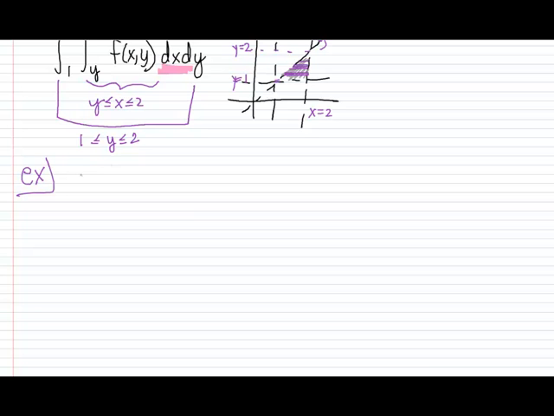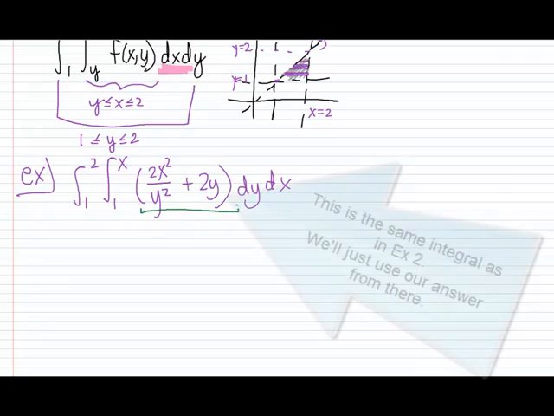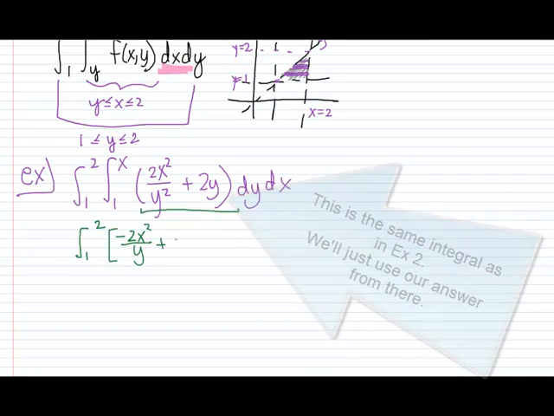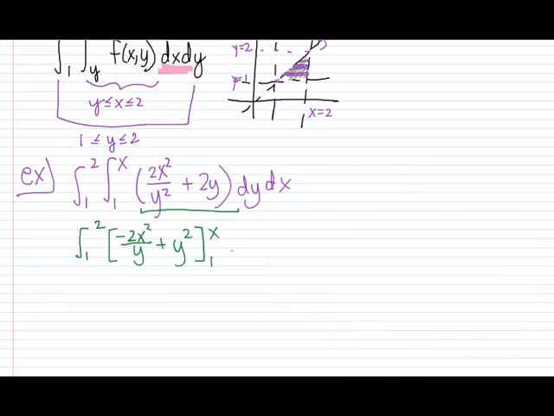So let's take a look at this one. The integral from 1 to 2 of the integral from 1 to x of 2x squared over y squared plus 2y dy dx. Now this inside integral here is the one that we did previously. Integrating that gives me negative 2x squared over y plus y squared from 1 to x dx.